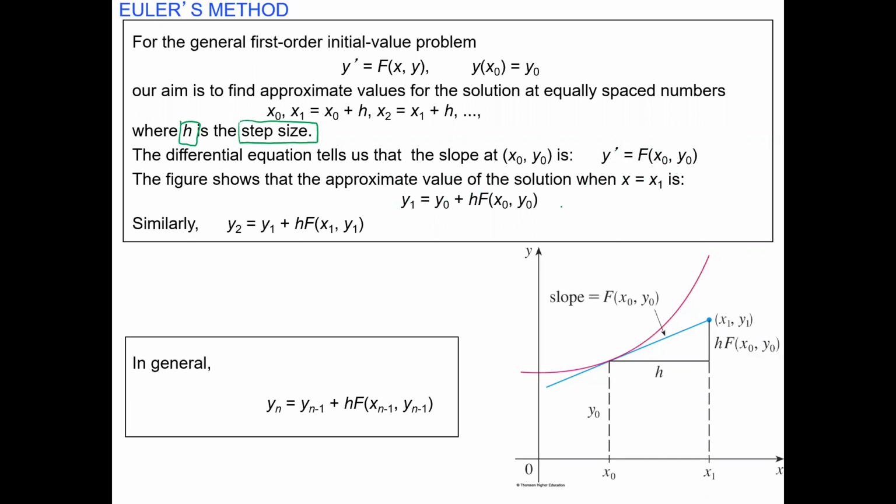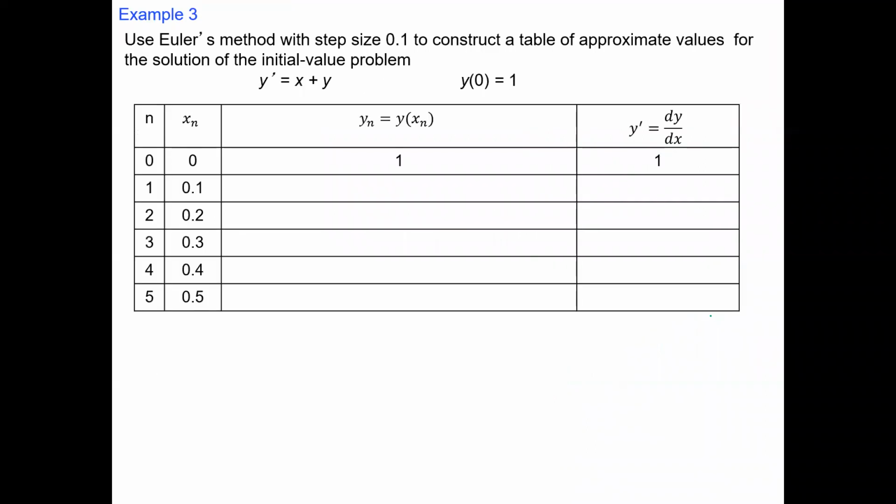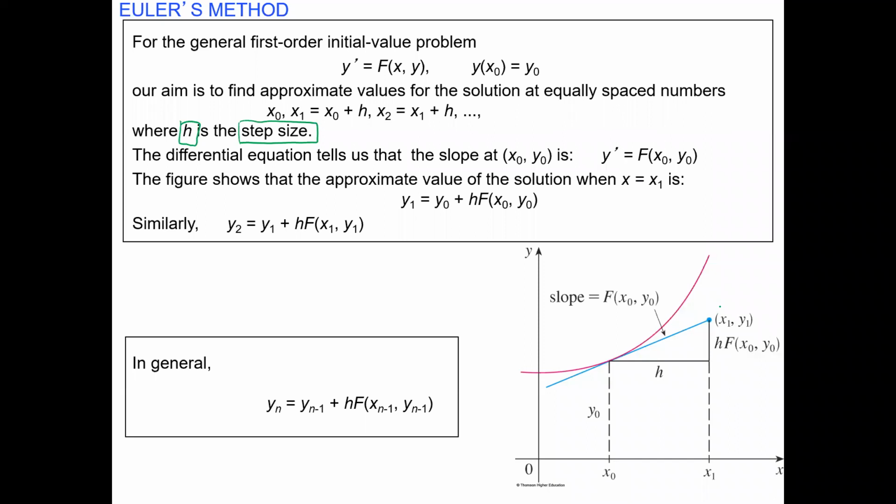That means y sub 1 is defined as y sub 0 plus the slope affected by the step size, h times the slope. And the same we will keep working.